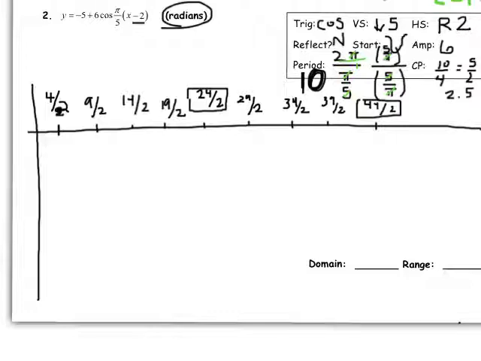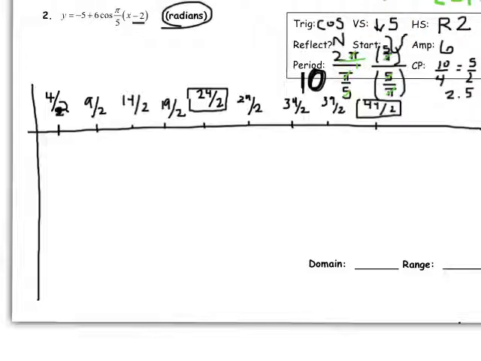Alright, so if you want to check really quickly, this is 2, 4.5, 7, 9.5, 12, 14.5, 17, 19.5 and 22. Alright, let's go ahead and do our vertical shift down 5.